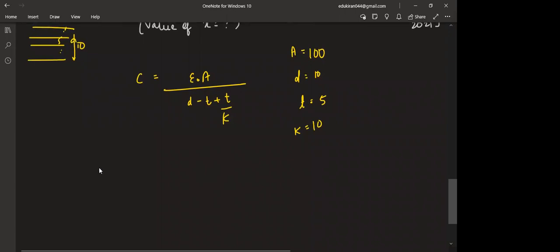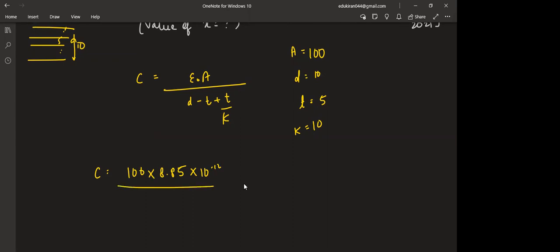So if you put in the values: 100 into 8.85 into 10 to the power minus 12, divided by 10 minus 5 plus 5 by 10. So this is equal to 161 into 10 to the power minus 12 farad. That is 161 picofarad.